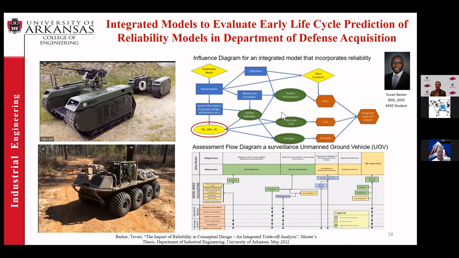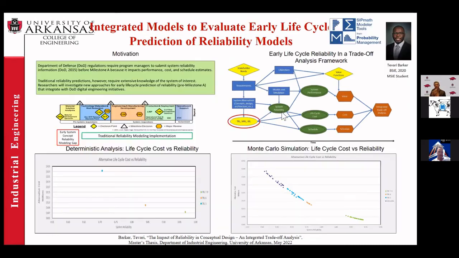What Tribari did for his master's thesis is find that you can model reliability as functions and incorporate it through those functions, but then use technology readiness level to assess the reliability. You can think about it this way: a lower technology readiness level would mean a lower probability of reliability. You can see that here.